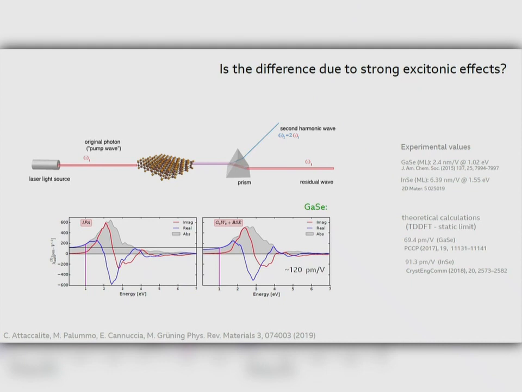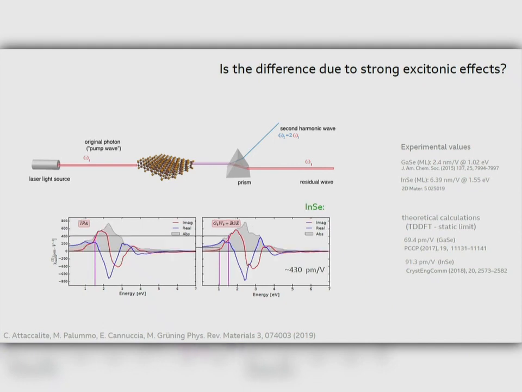So we get a value which is substantially consistent with what was obtained theoretically before. With indium selenide, we have some structure, but again the two spectra look very much the same, and we get a value which is larger than what was measured, but probably just because they were in the static limit, and we look at the right frequency.